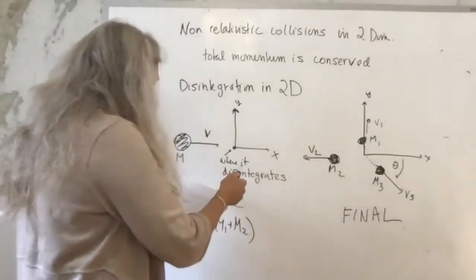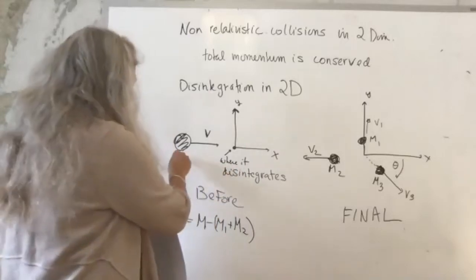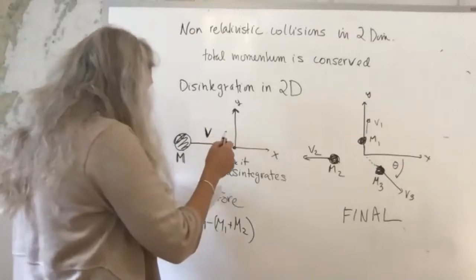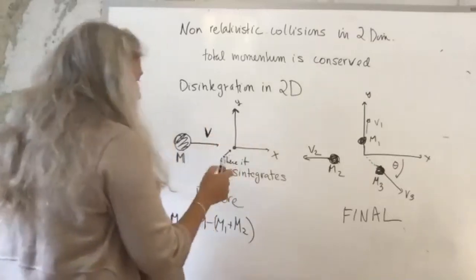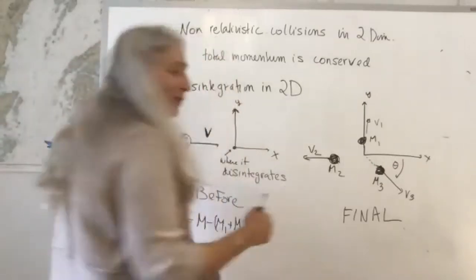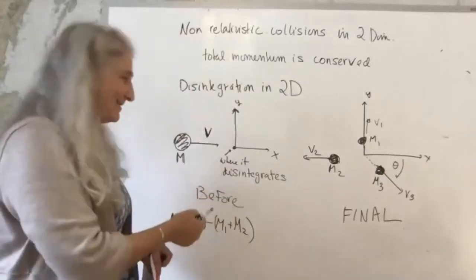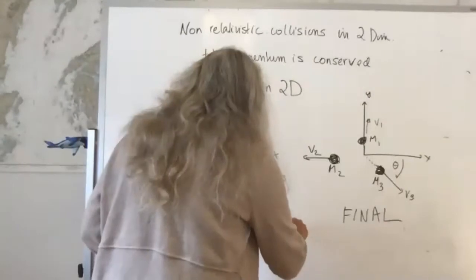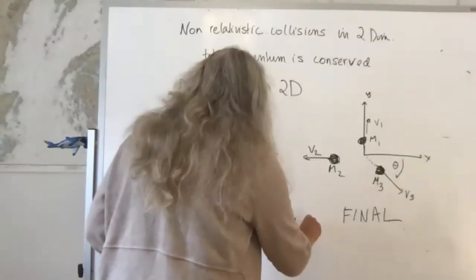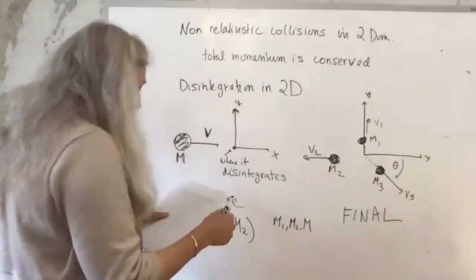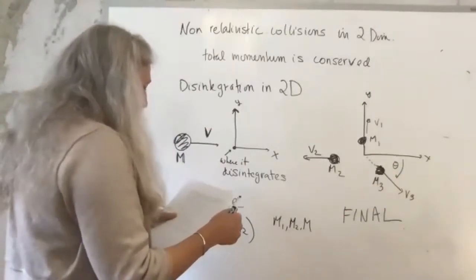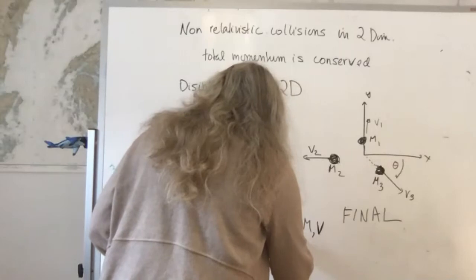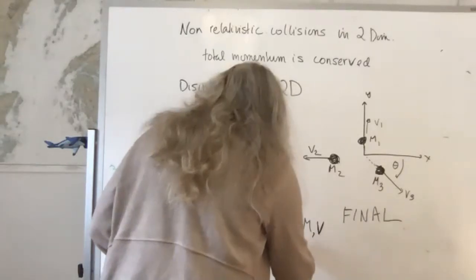Let me list what we know, so we can find out the things we don't know. We know M1, M2, and M, which means we also know M3. We know V, the initial velocity, and we know V1 and V2.